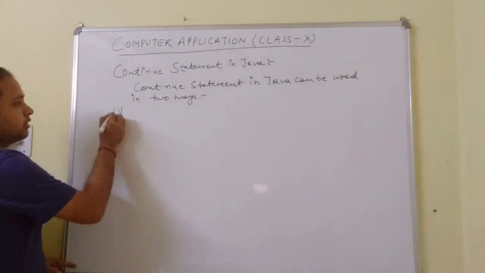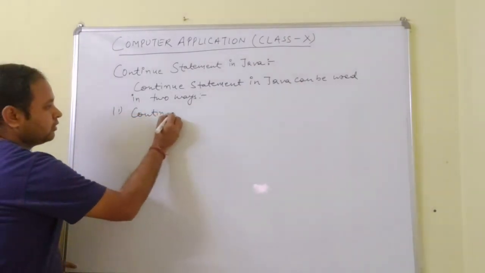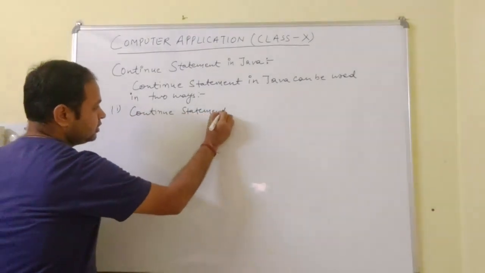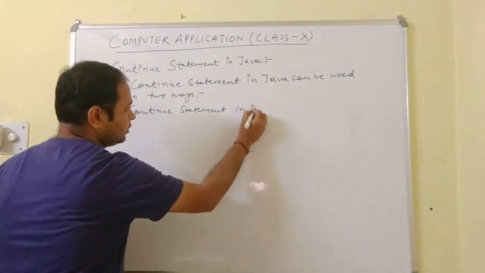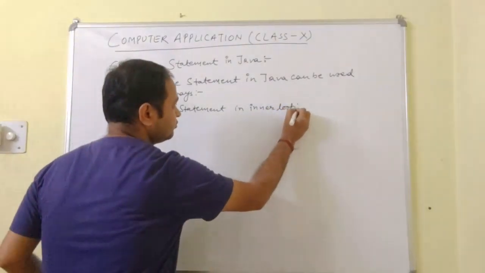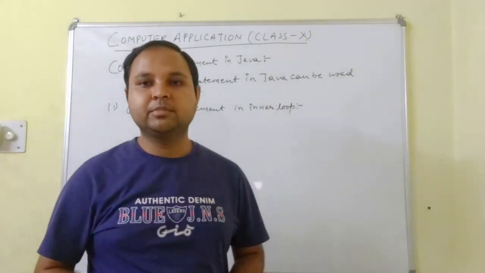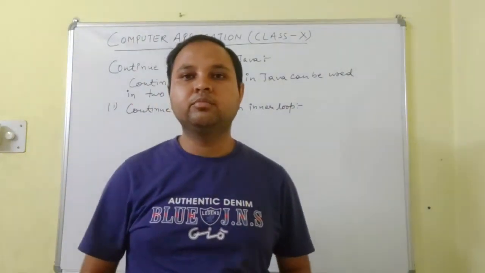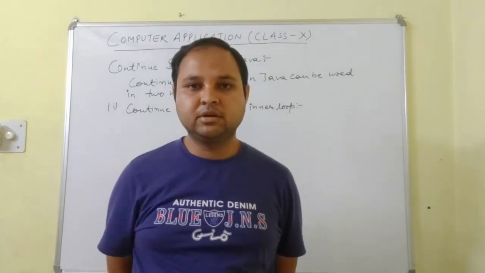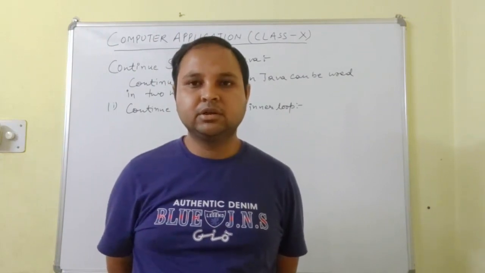Number one is the continue statement in an inner loop. When a continue statement is executed in an inner loop, it skips the execution of the remaining statements and goes for the next iteration of the inner loop.